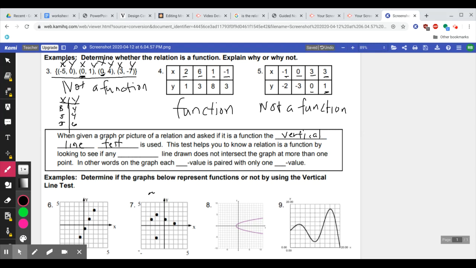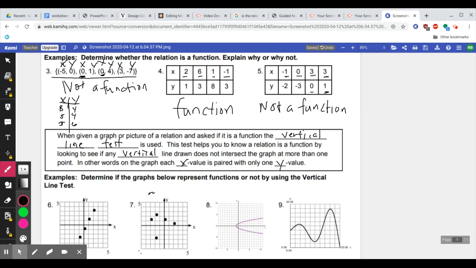This test helps you to know a relation is a function by looking to see if any vertical, meaning up and down, line drawn does not intersect the graph at more than one point. In other words, on a graph, each x value is paired with only one y value.